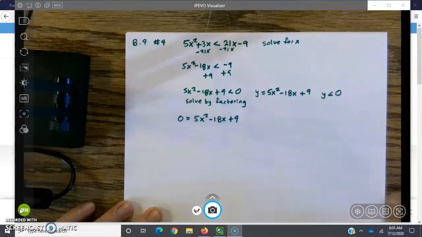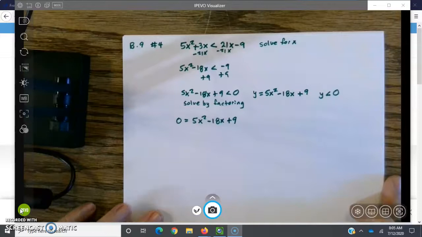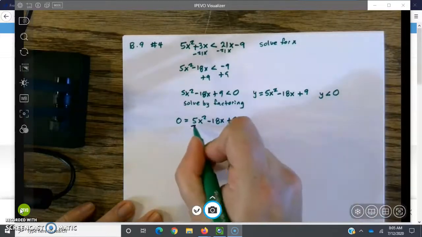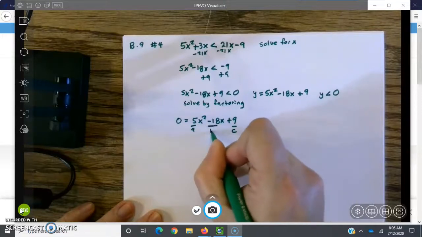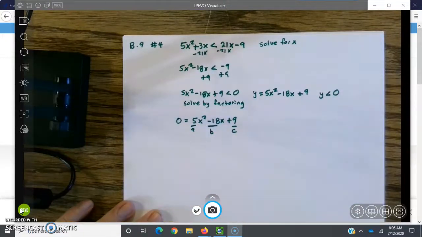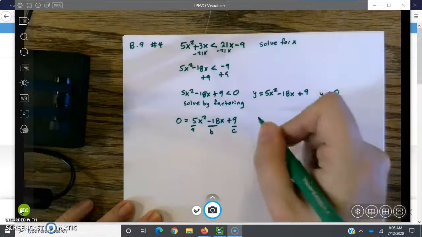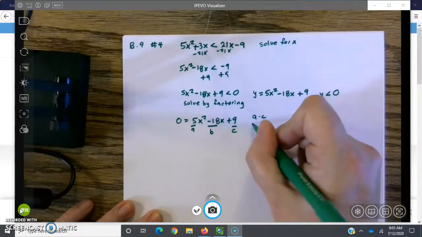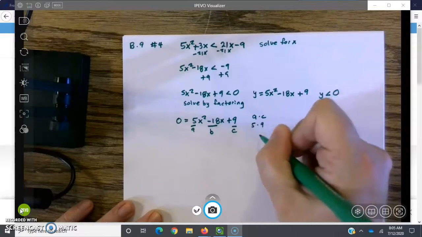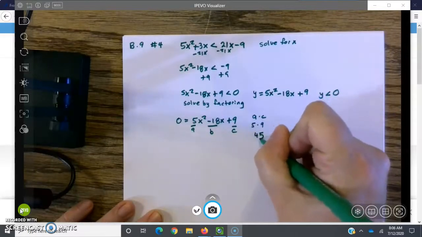Okay, so to factor, I'm going to use AC grouping. So this would be my A value, and this is my C value, and this is my B value. For AC grouping, I find what's A times C. So that's 5 times 9, so that's 45.